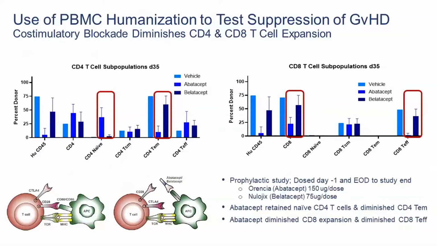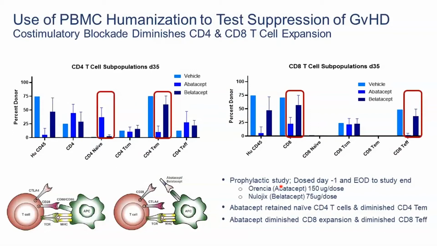And so let me show you a quick example here of looking at graft versus host disease models. So this is the NSG mice. They're irradiated. They're given 10 million human PBMCs. And then we're looking at the ability of abatacept or belatacept to suppress the development of GvHD.